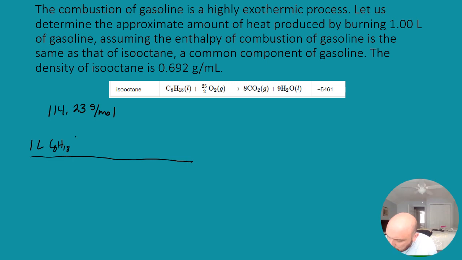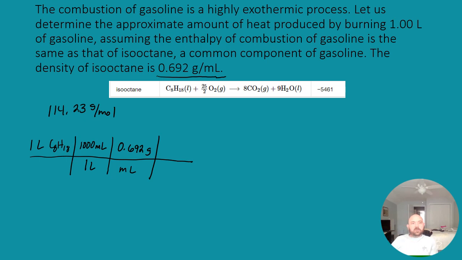We know that there are 1,000 milliliters in 1 liter of isooctane. We know that the density is 0.692 grams of isooctane per milliliter of isooctane. That's pulled from the problem right there.